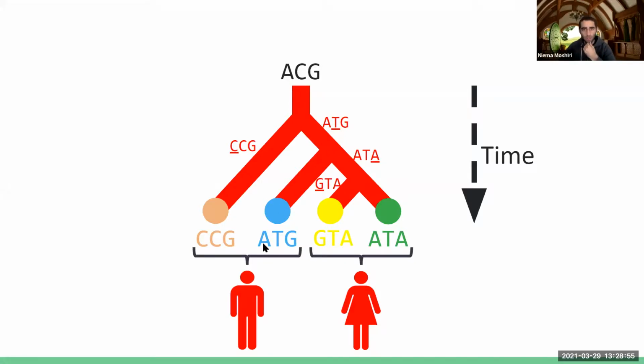So what goes on here is just ATG, but then maybe down this branch, the G mutated to an A. So now everything below this branch inherits this mutation as well, which is why you see ATA here, versus maybe down this branch, this first letter mutated to a G, which is why you see GTA here. Does that make sense? It's complicated, but basically you can imagine mutations just randomly occur along each of these branches. The longer a branch is, so the more time has passed, the more mutations we expect to have occurred down that branch.